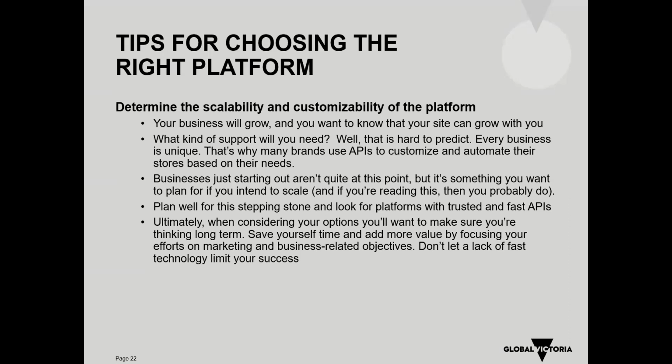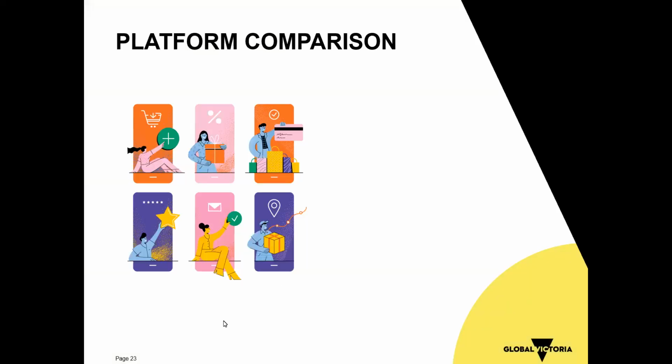Businesses just starting out aren't quite at this point, but it is something you want to plan for if you intend to scale. You also need to plan this stepping stone and look for platforms with trusted and fast APIs. And when you consider your options, you'll want to make sure that you're thinking long term. Don't let a lack of fast tech limit your success.